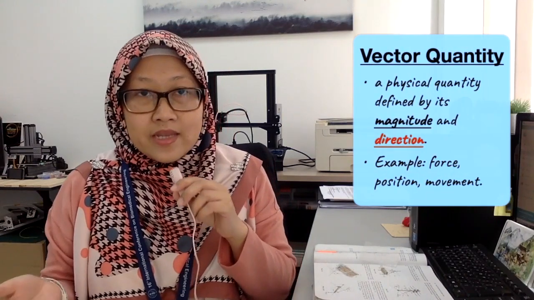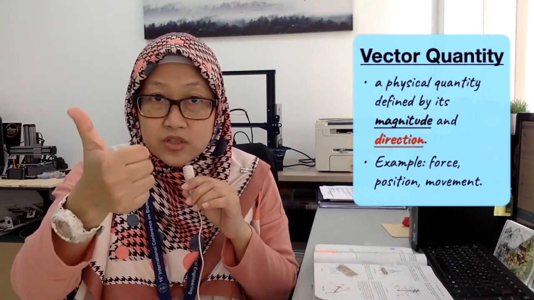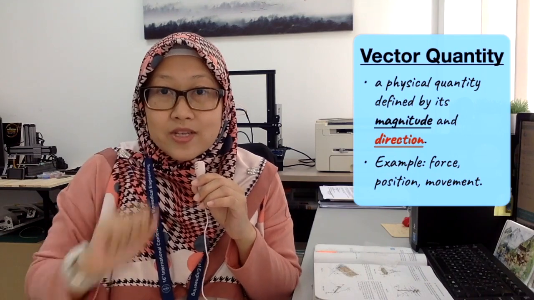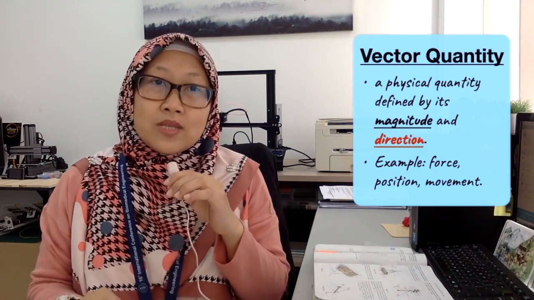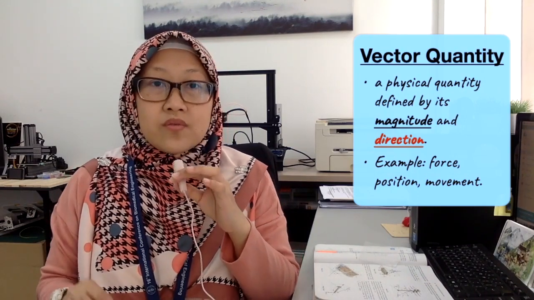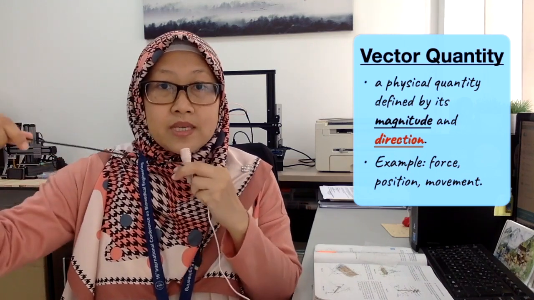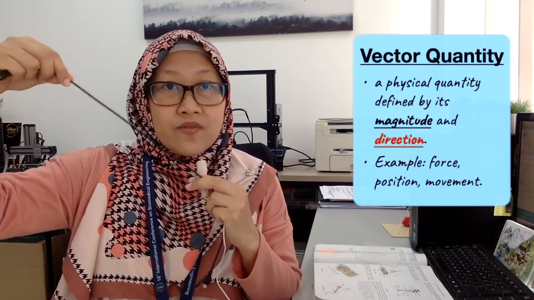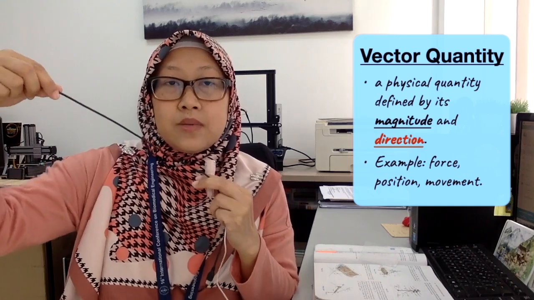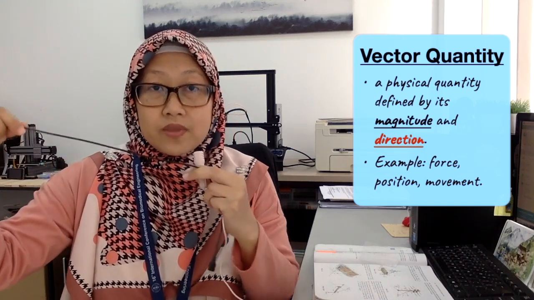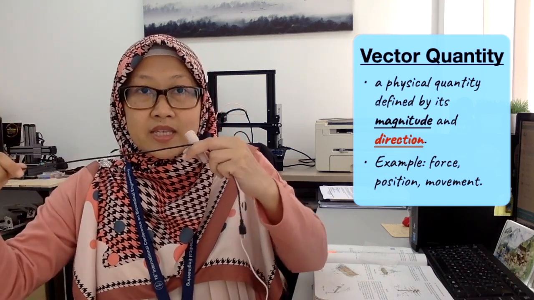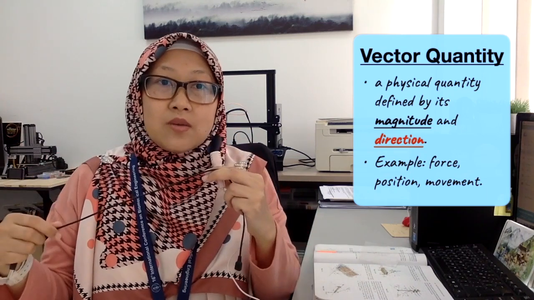Vector, on the other hand, is defined by its magnitude and also its direction. An example of vector quantity is the tension force of the cable. For example, this is my cable, and the corresponding force of this cable depends on the direction of the cable, as in the angular distance of this cable.